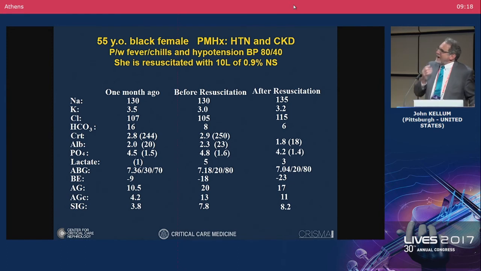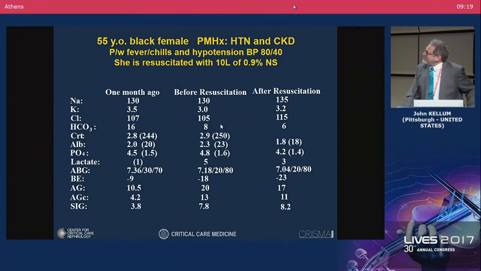Now, what happens after resuscitation? She got worse, so maybe she needs more saline. Well, the lactate actually went down, so it's not because she's under-perfused, at least in terms of how I can measure perfusion by lactate, which of course is not particularly sensitive, but nevertheless, the change is right here.